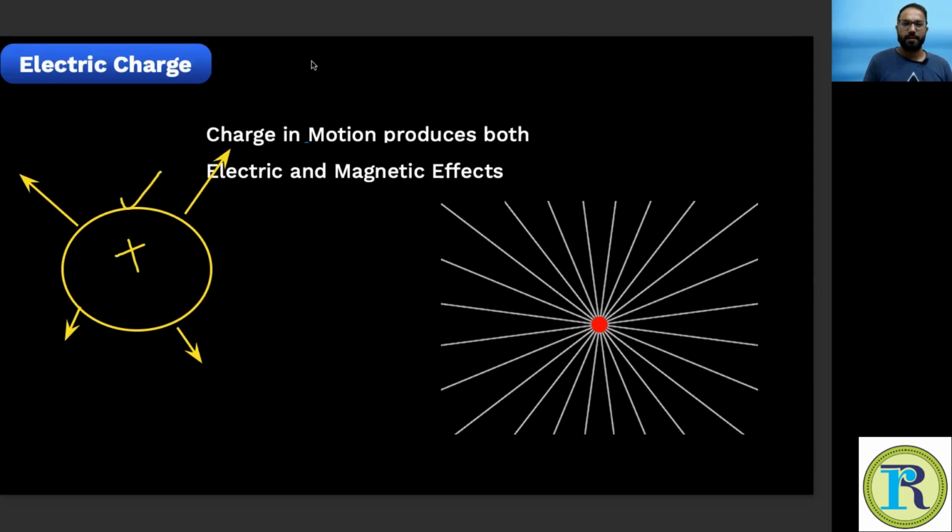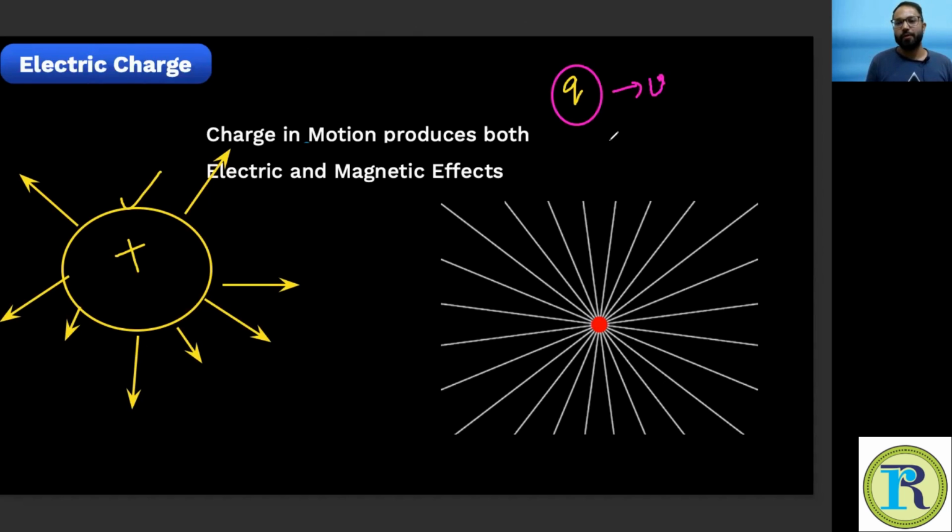You can see these are electric field lines. Don't worry, we will talk about it later. I'm just drawing randomly. Now, if that electric charge is in motion, in electrostatics we represent electric charge by Q. If this charge is in motion with some velocity, then it will produce a magnetic field also.